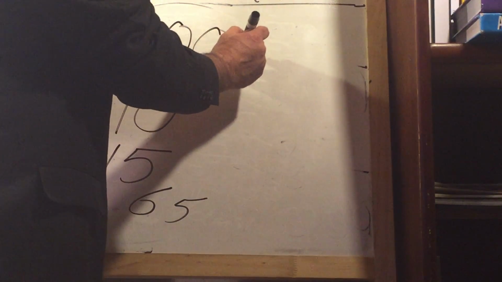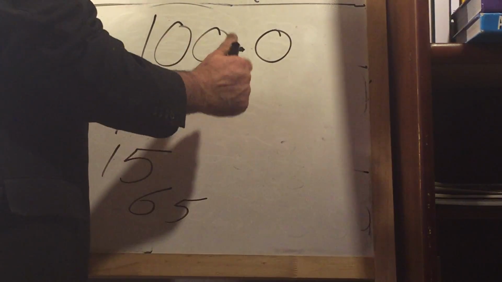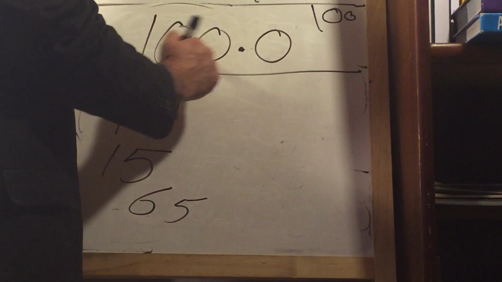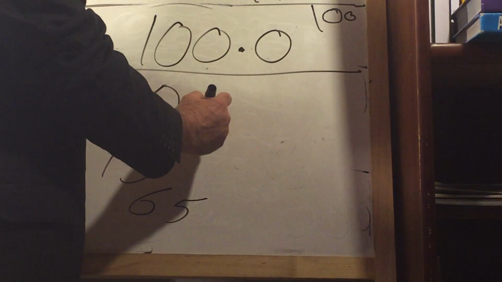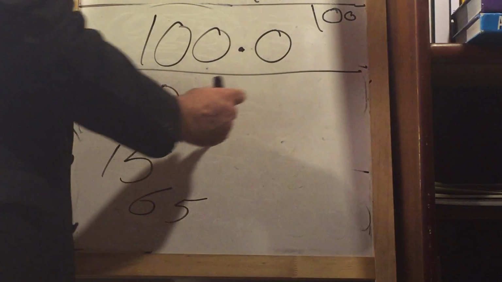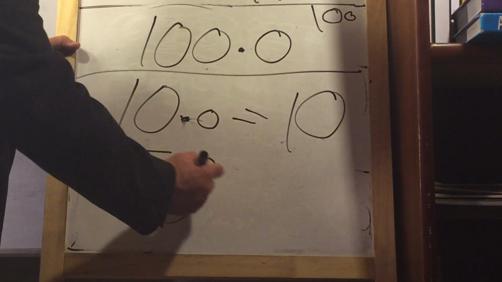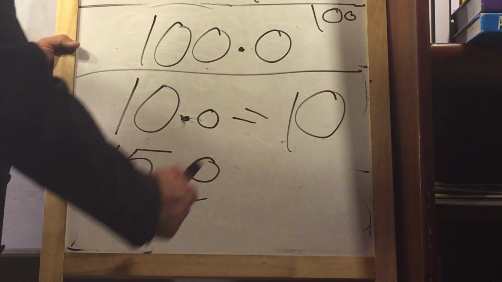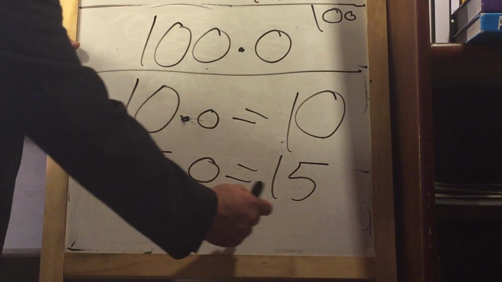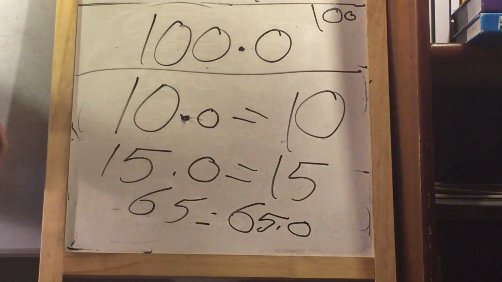So this one has a decimal point here, 0. This one is the same as 100.0, this one here, 10, the same as 10.0. This one here, 15, is the same as 15.0. This one here, 65, the same as 65.0. Okay?